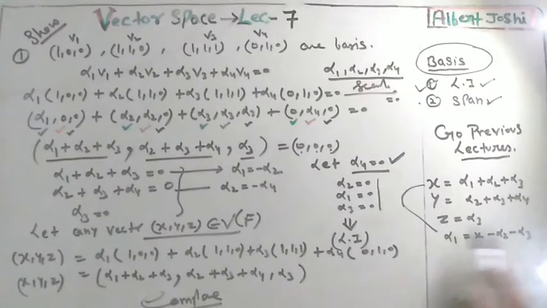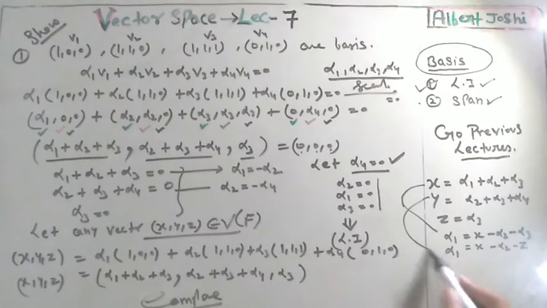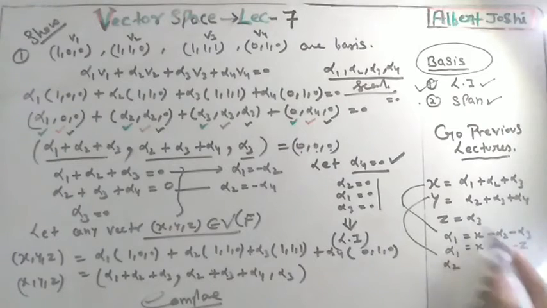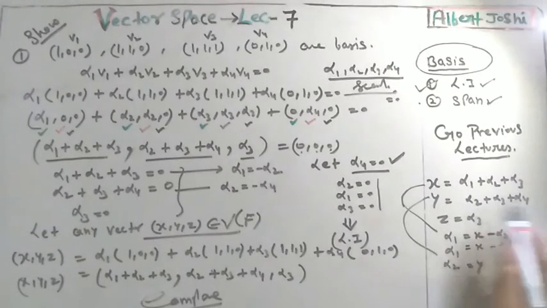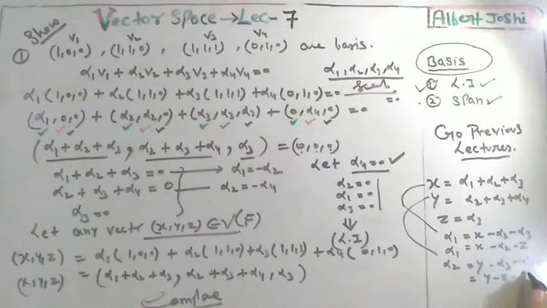But you know that alpha 3 is equal to z, so you can write alpha 1 equals x minus alpha 2 minus z. Now what about alpha 2? Alpha 2 equals y minus alpha 3 minus alpha 4. Alpha 3 is z, so alpha 2 equals y minus z minus alpha 4. So we have alpha 1 equals something and alpha 2 equals something.